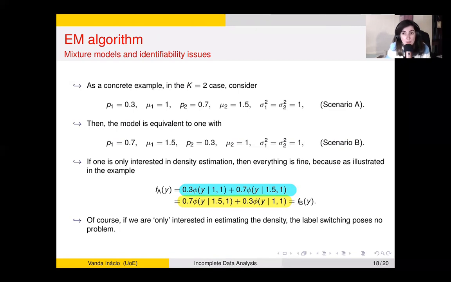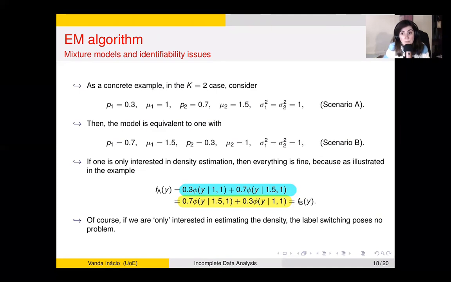If we want to make inferences or to say something about the means of the components, we need some more care. Of course, for our data, the two modes were well separated, so we have no problem in identifying what is mu1 and mu2, but sometimes this might not be as clear as in our case. If we are interested in estimating the density, again, no problem.